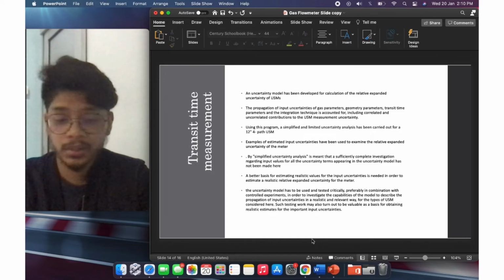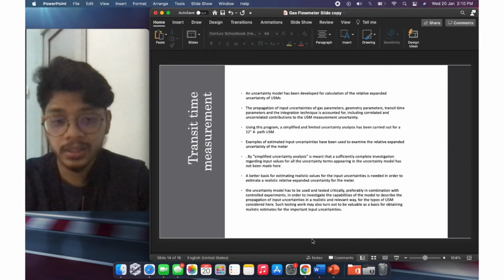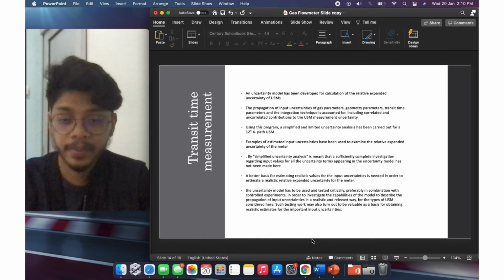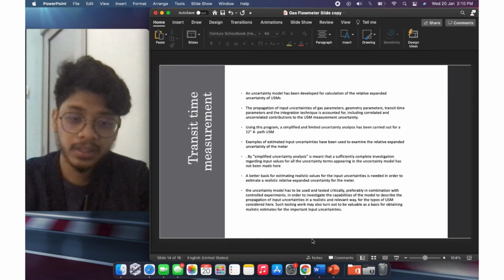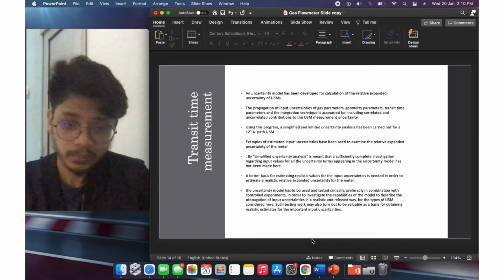This is based on the case study of what we have been researching. Using the program, a simplified and limited uncertainty analysis has been carried out for a 12-inch 4-pass USM. Examples of estimated input uncertainties have been used to examine the relative expanded uncertainty of the meter.